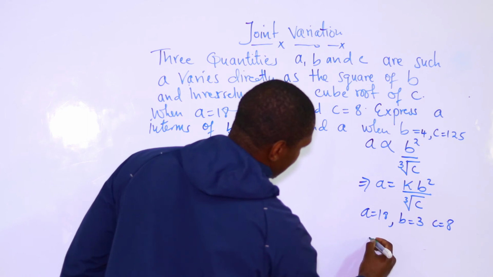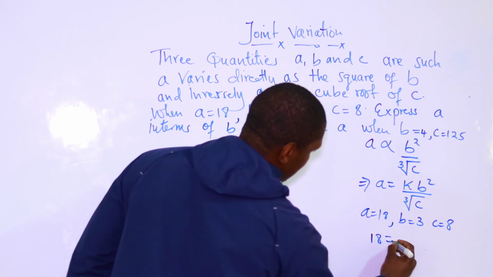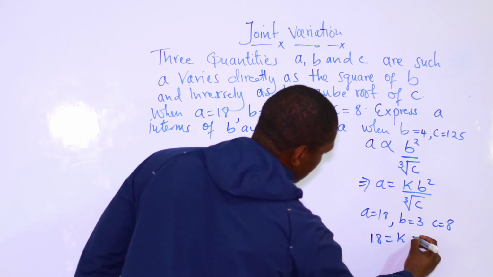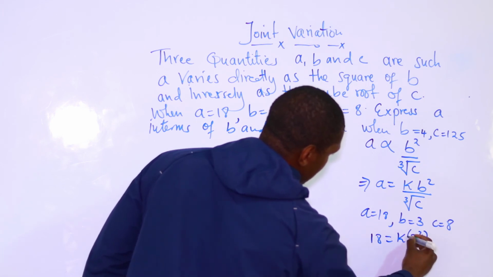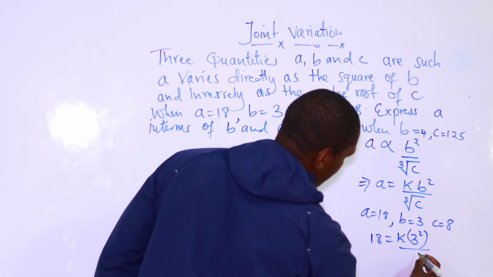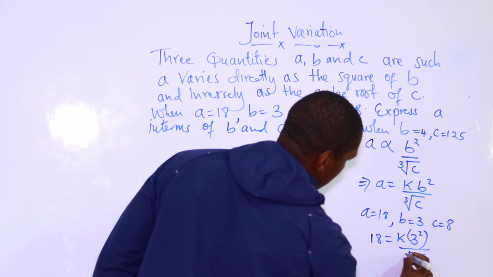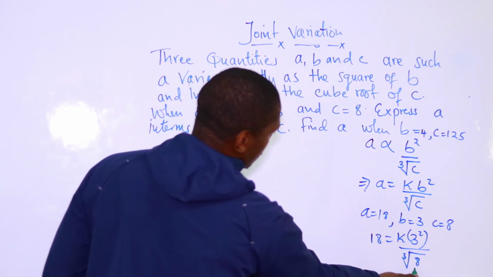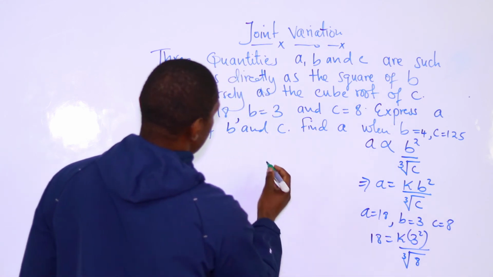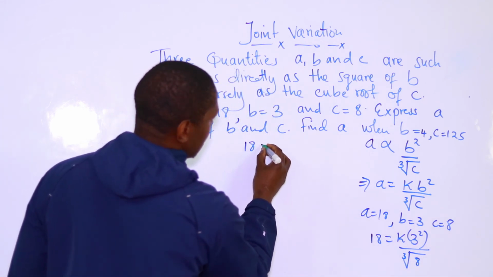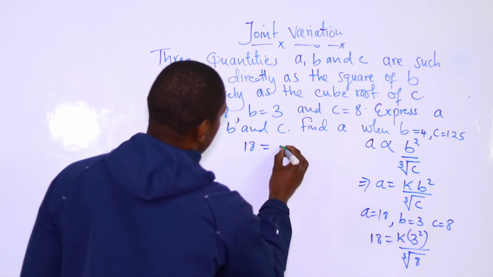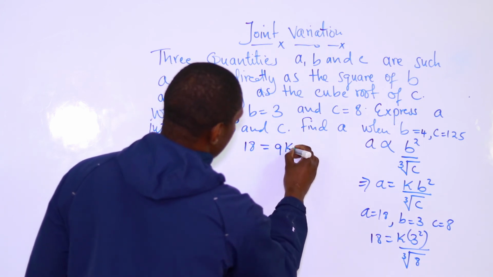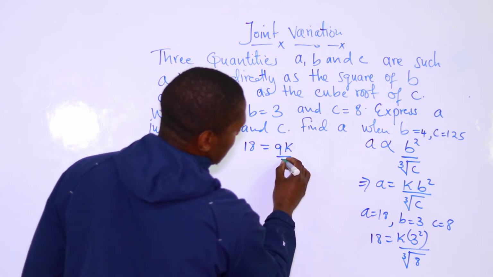Then you're being told a is 18, b is equal to 3, and c is equal to 8. So when you substitute this, you get the constant of proportionality. So a is 18, so you have 18 is equal to k, b is 3, so this is 3 squared, then you divide by the cube root of c, which is 8. The cube root of 8 is 2, so you have 18 is equal to 9k divided by 2.